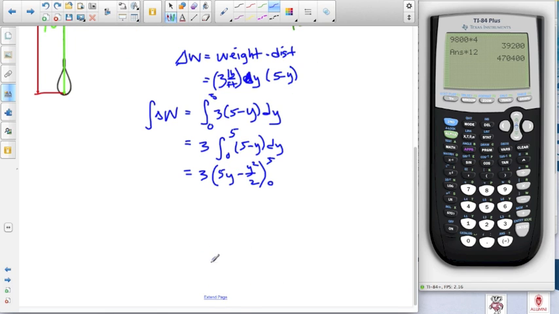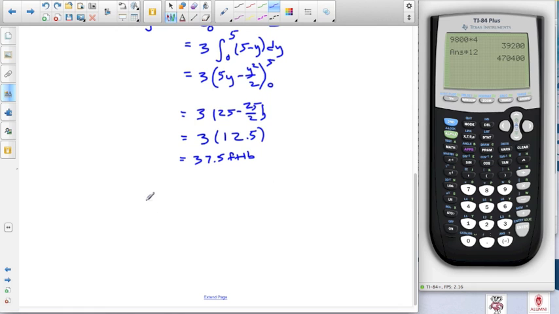And plugging in the limits of integration, then 5 times 5 is 25. And y squared over 2 is 25 over 2. So we're looking at, and then plugging in 0 is just 0, so I'll just drop that off. So we're looking at 3 times 12.5. And so 3 times 12.5 is 37.5 foot-pounds.